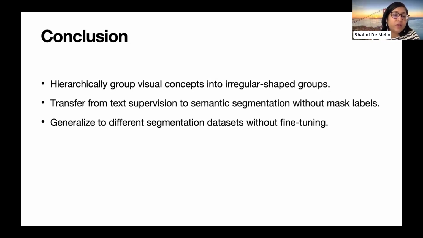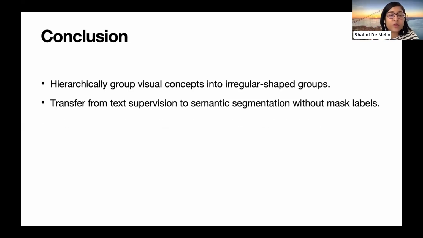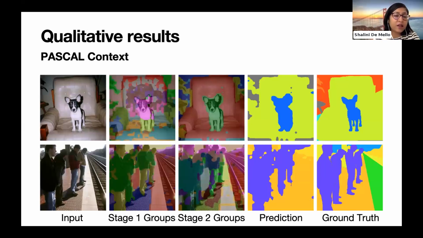And also we found that this model was able to generalize to many different segmentation datasets without requiring any fine-tuning or any labels. However, as you observed, the groups themselves were not as high quality, the segments themselves are not as high quality. And we also found that because text is fairly noisy, the classification of the various segments was not always the most accurate.